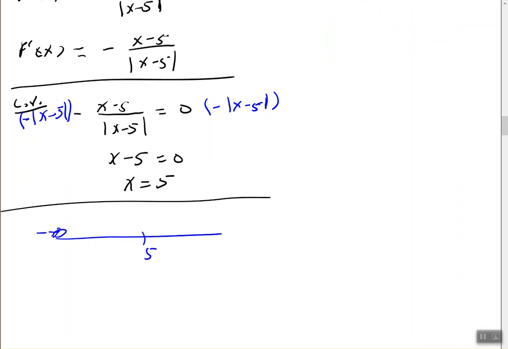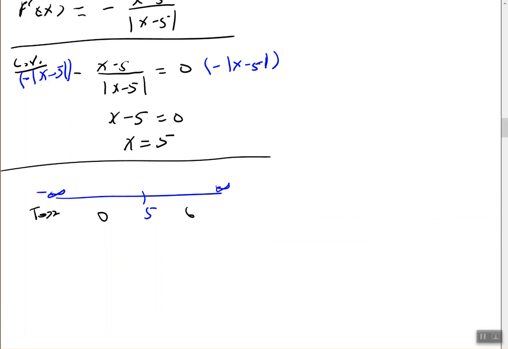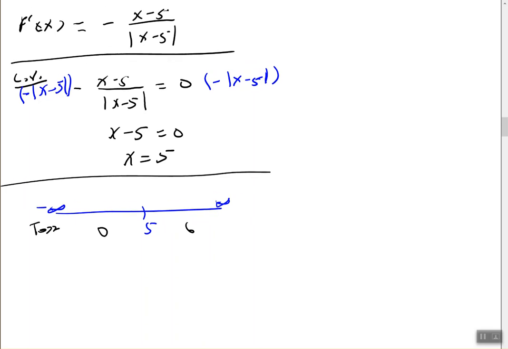So I need to test the interval from negative infinity to 5 and from 5 to infinity. And you can test whatever value you choose. I'm going to test 0 and I'm going to test 6. All right, so we're going back to the first derivative to test those values.